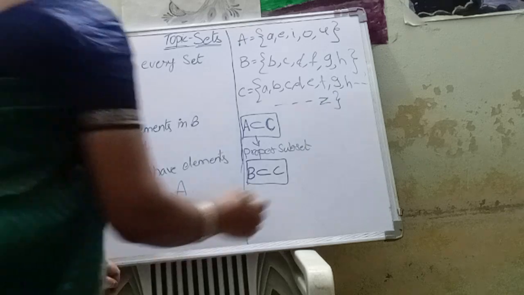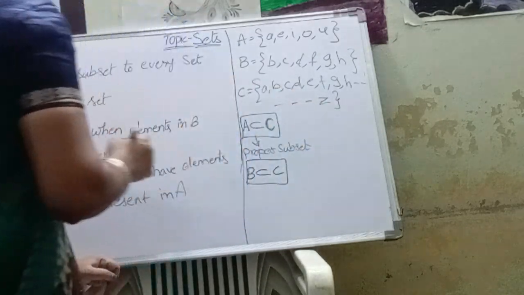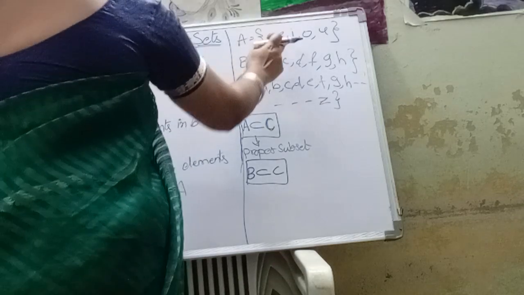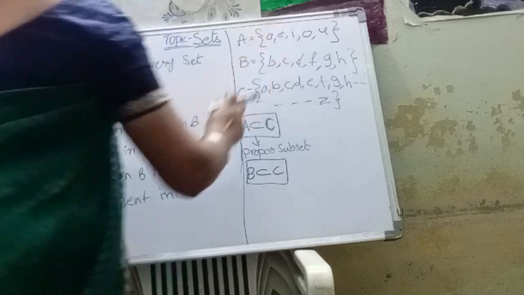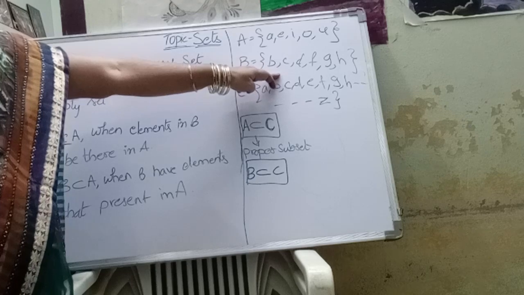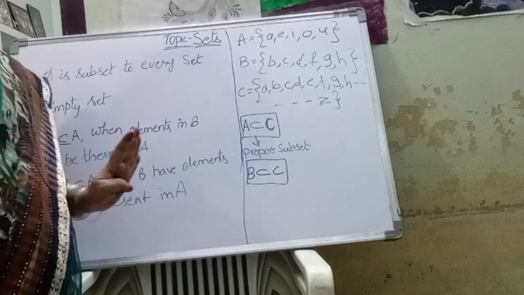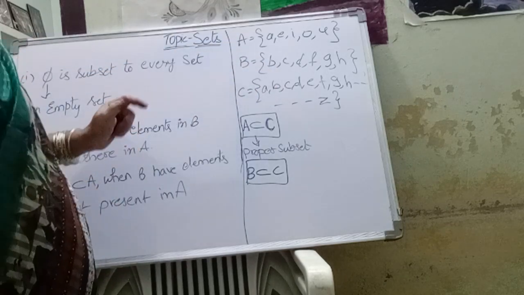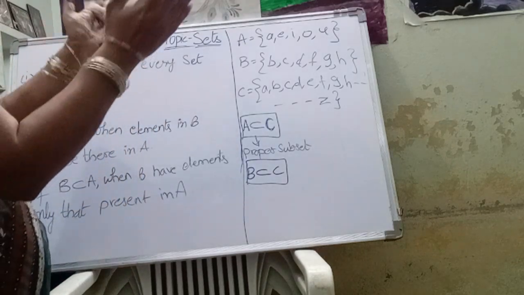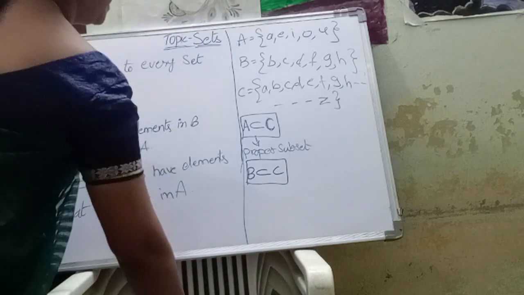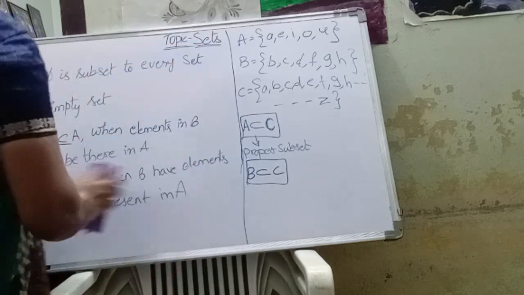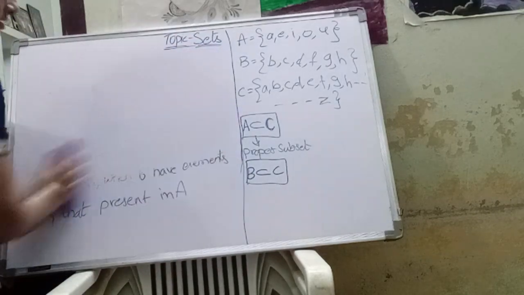If you observe A and B, there is no relation between A and B, because here there are only vowels and this is only consonants. These two are disjoint sets. Disjoint means no element in A is there in B. But both are related to C because they are proper subsets to C.